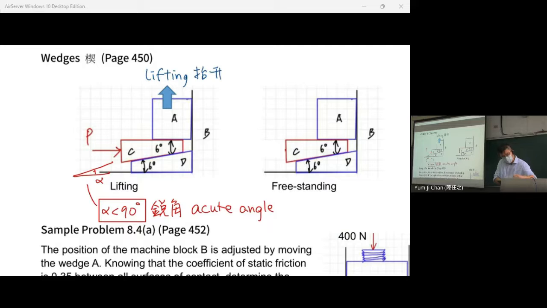By the way, in British English, lift is equal to elevator in American English.